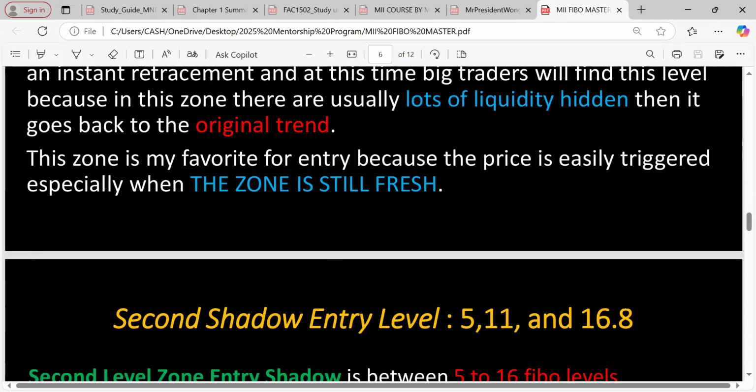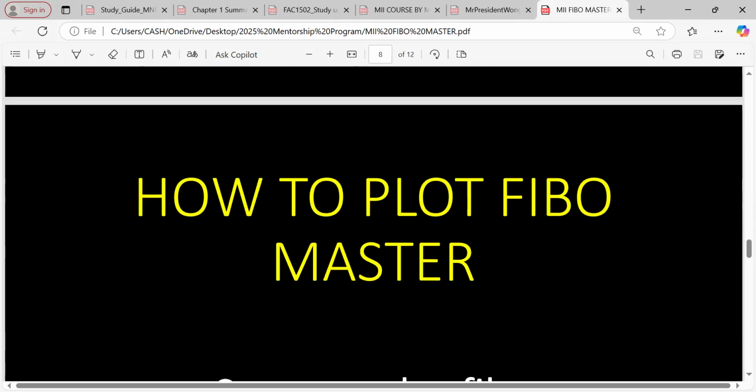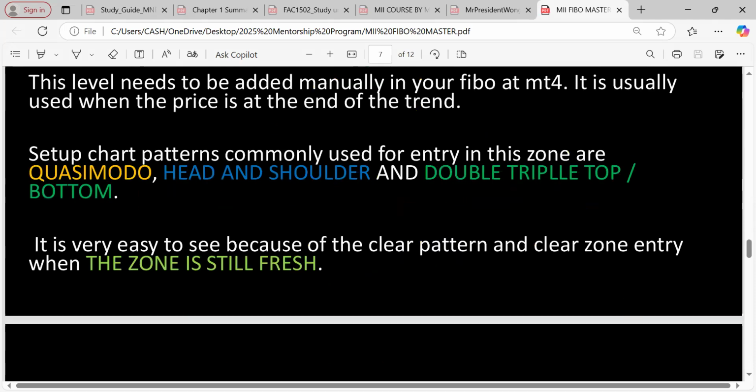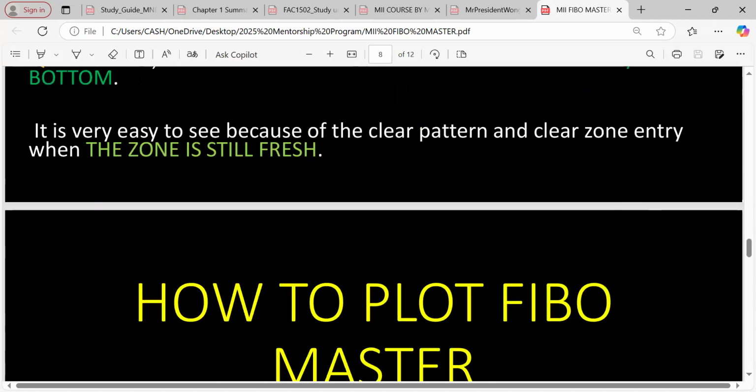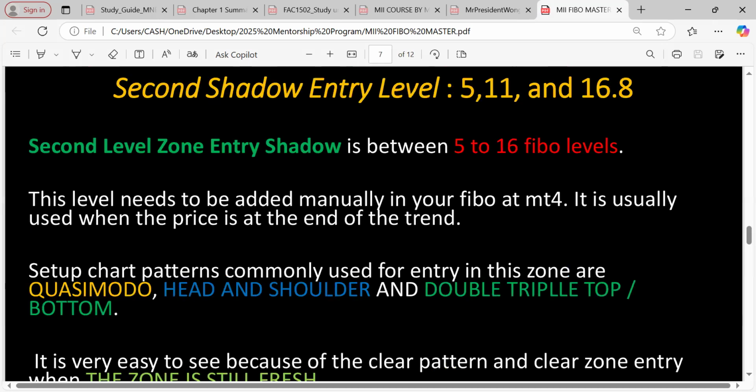I think we saw this level. And then the second part, I did show you the 5, the 11, and the 16.8 levels. Normally you have to add this part. On the first charts, we saw the head and shoulder pattern.